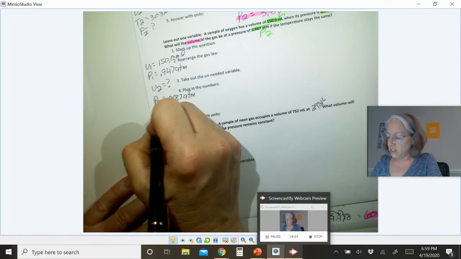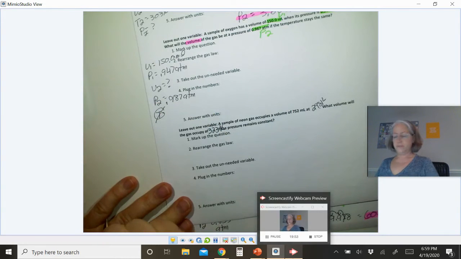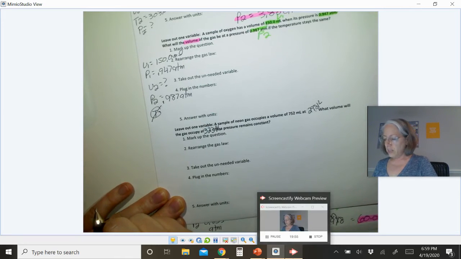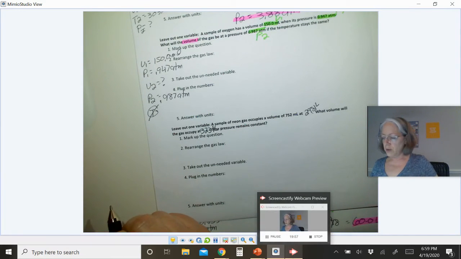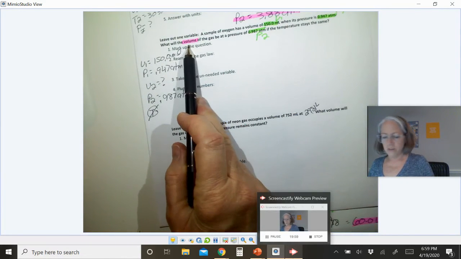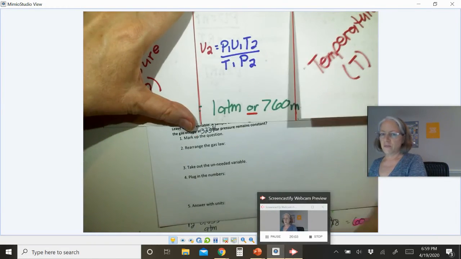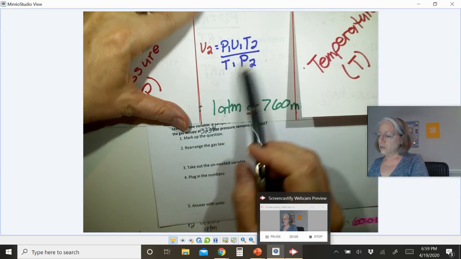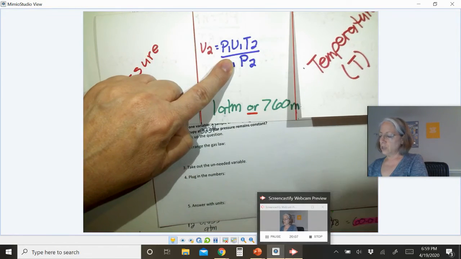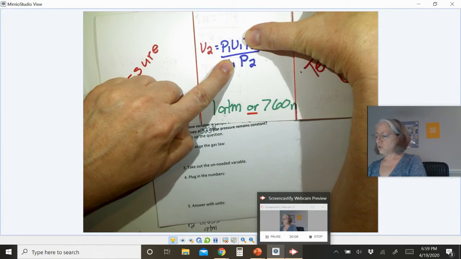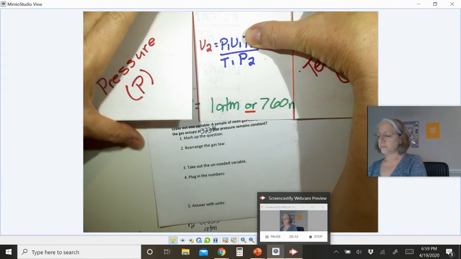There is no temperature. All right, so let's rearrange our gas law and solve it for volume. So we get our foldable and we find our volume solution, and there is no temperature mentioned, so we're not going to write temperature in the equation. It's going to be P1 V1 over P2, and that's all we have to worry about.